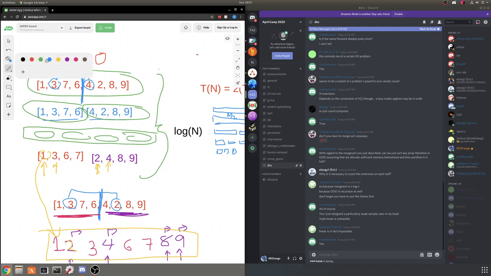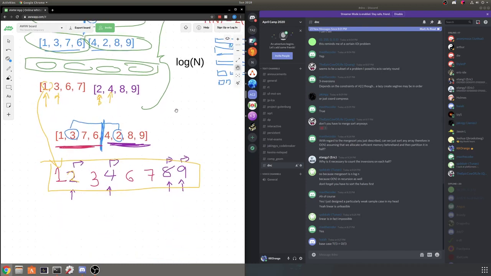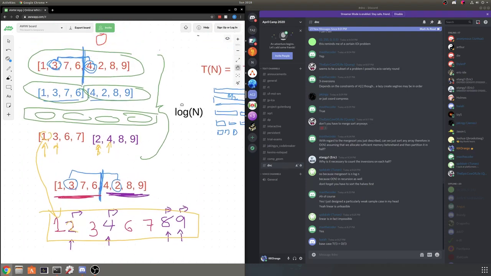Either one element of the inversion is on the left and one element is on the right, in which case the process I described here will count that inversion.